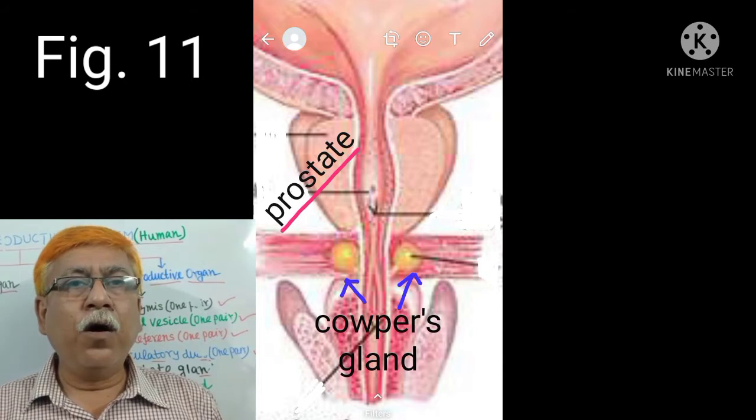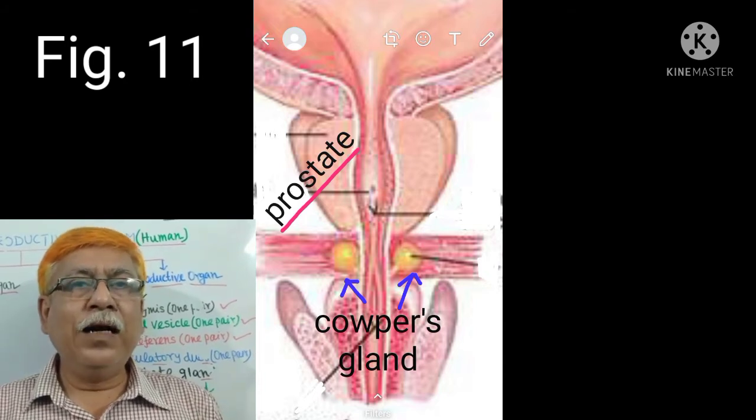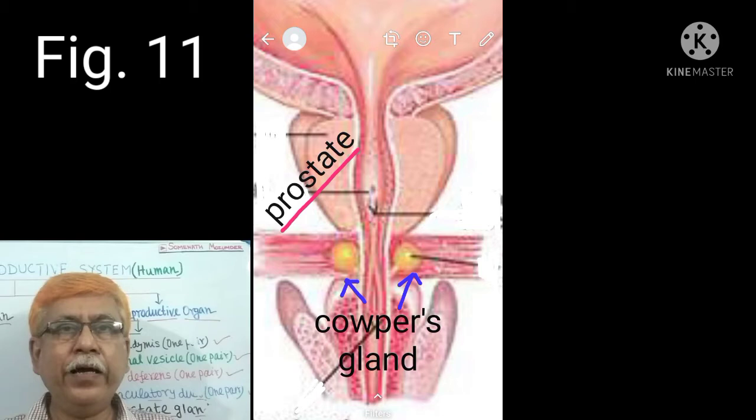Bulbourethral glands or Cowper's glands. There are two bulbourethral glands. They are pea-shaped glands and they are situated beneath the prostate at the beginning of the internal portion of the penis. They are exocrine glands.